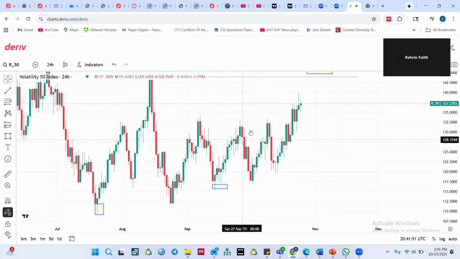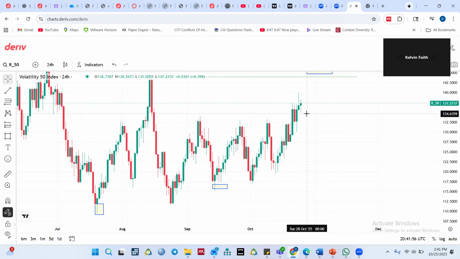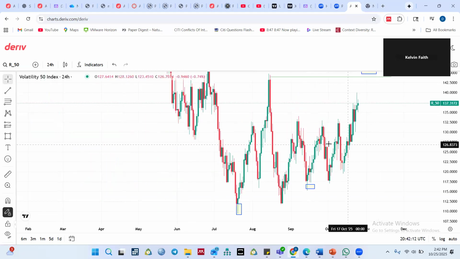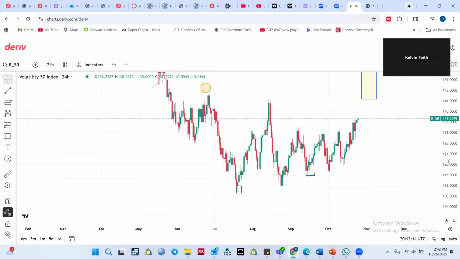Okay, so until we see a break of structure here, we cannot say that we will be looking for sales. Okay, so until that happens, we cannot. But that is from the higher time frame.